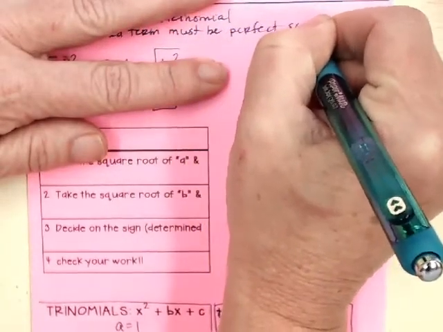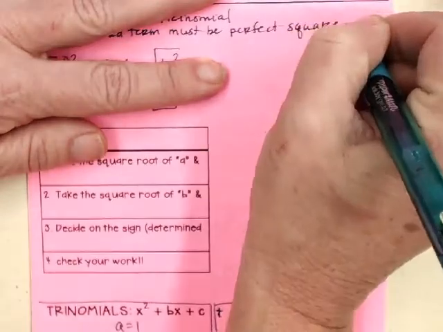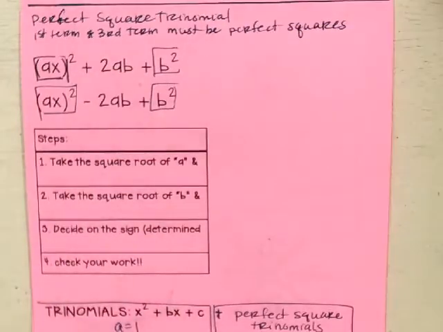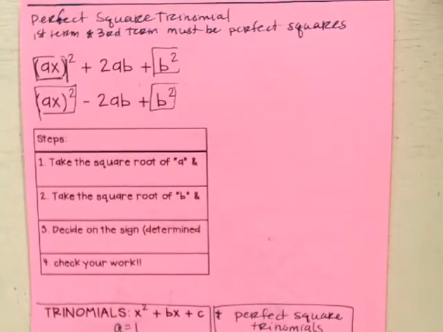If you don't know your perfect squares, you better learn them. What are they? 1 squared is 1, 2 squared is 4, 3 squared is 9, 4 squared is 16, 5 squared is 25, and so on. Know your perfect squares because it'll help you recognize what these are.